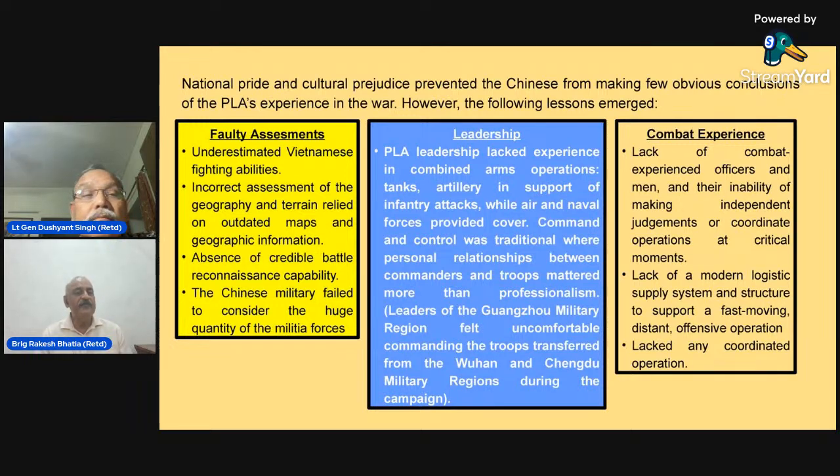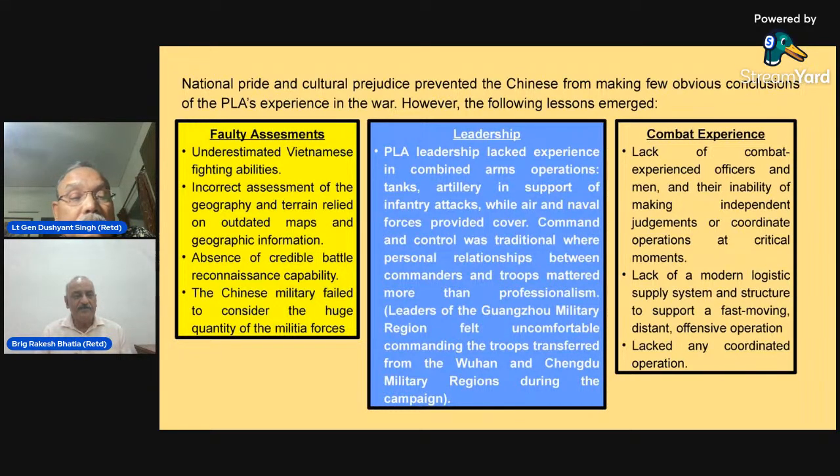Air and naval forces were not used. And it was very surprising that the Navy and Air Force were not even considered, though allotment was made. But the military commander did not consider it important to employ these two important services during the war.